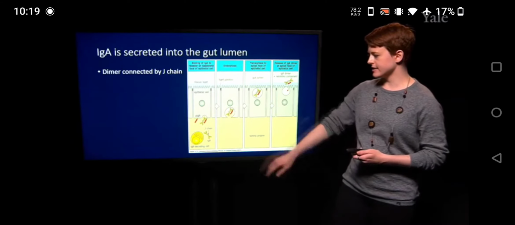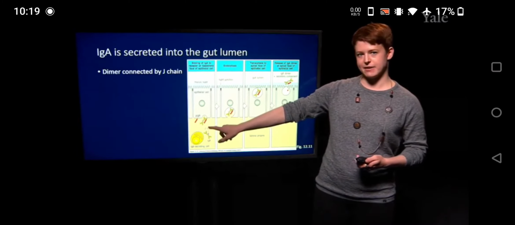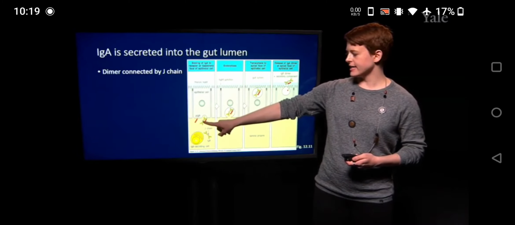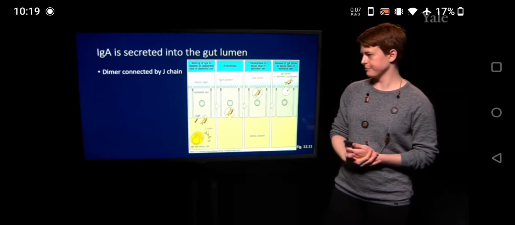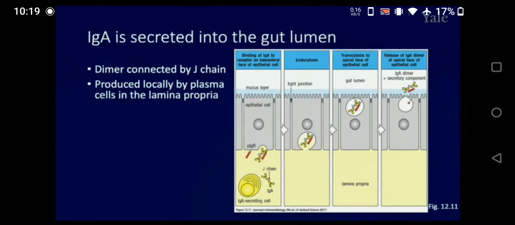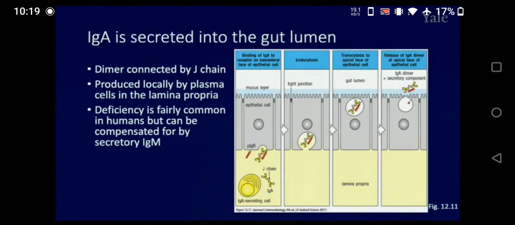So here you can see in this diagram we have a dimer of IgA that is connected with a J chain. So the IgA is produced locally by B cells in the lamina propria, and a deficiency is actually fairly common, but typically a deficiency in IgA can be compensated for by IgM, so this is not necessarily very pathogenic.